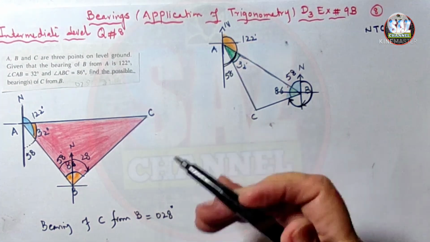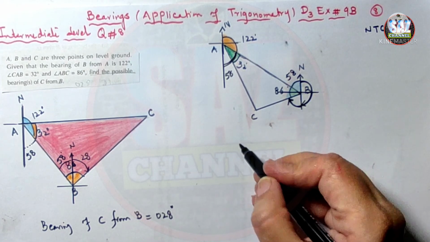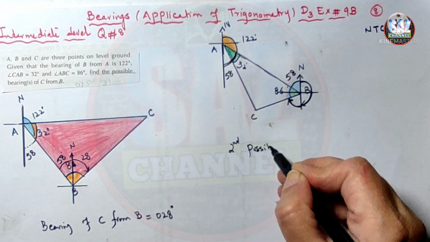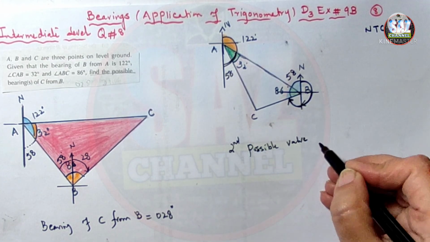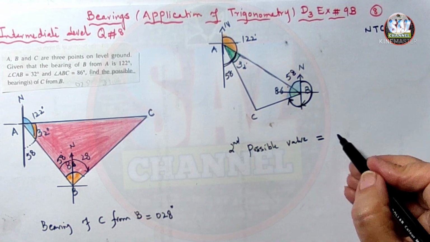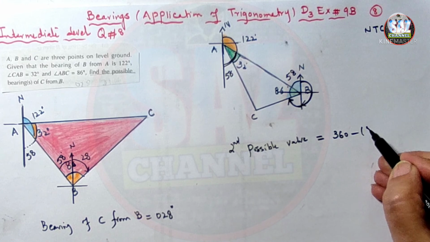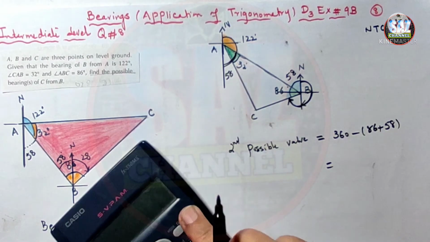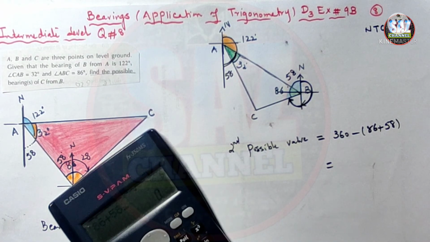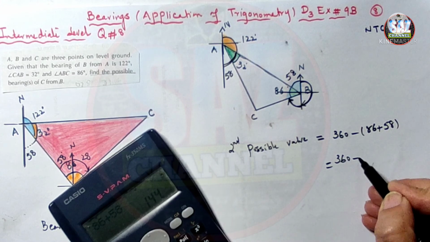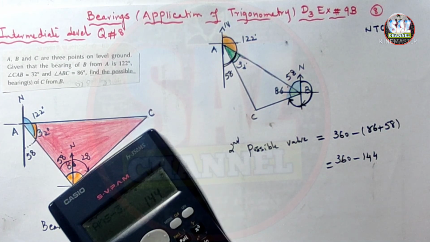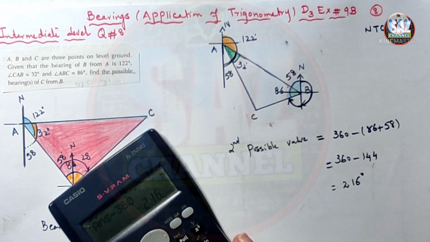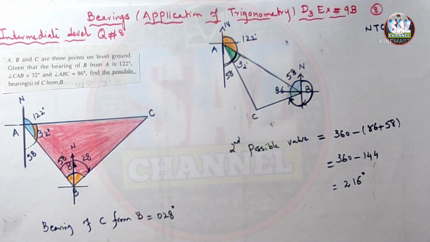So the second possible value of bearing of C from B will be 360 minus (86 plus 58). 86 plus 58 is 144. Subtract this answer from 360, and this is 216. So these are the two possible bearings. These are the two possible answers of the bearing of C from B.